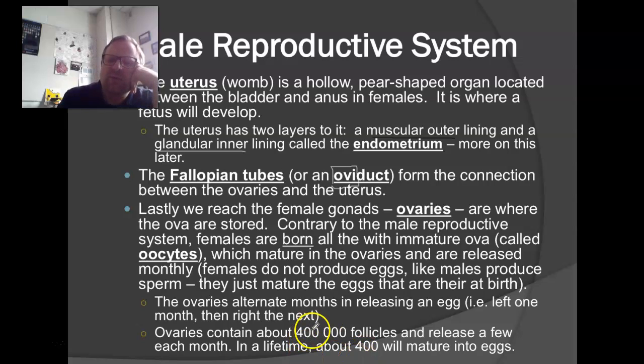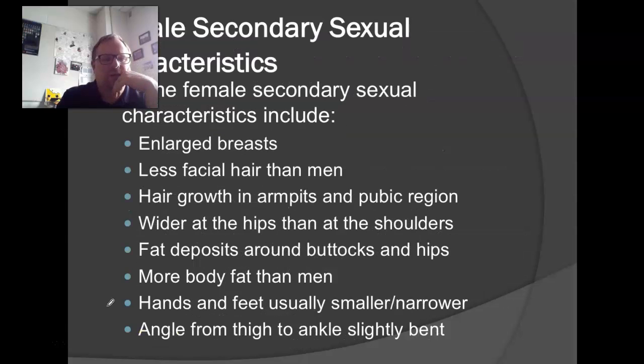The ovaries contain about 400,000 follicles and release a few of these follicles each month, and one of those follicles will be a mature egg. And then the remainder are other support structures associated with that, which we will get to shortly as well. So ovaries we're going to focus in on quite a bit.